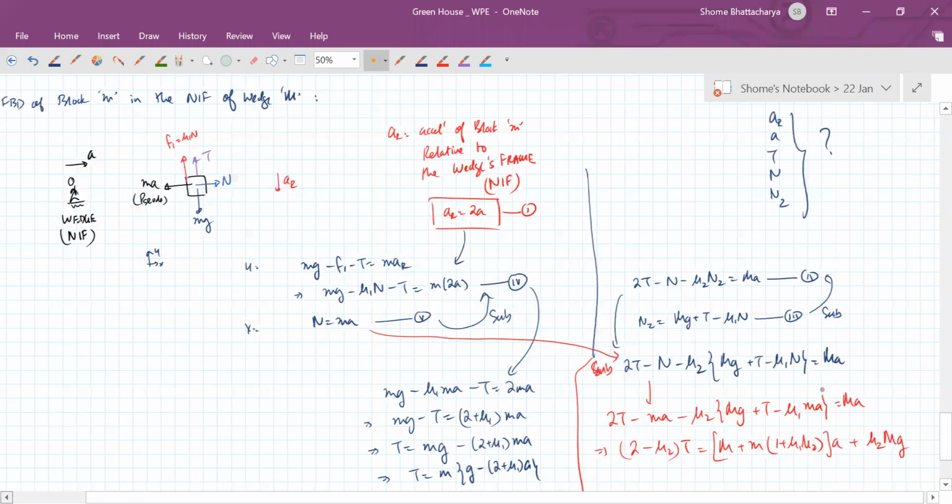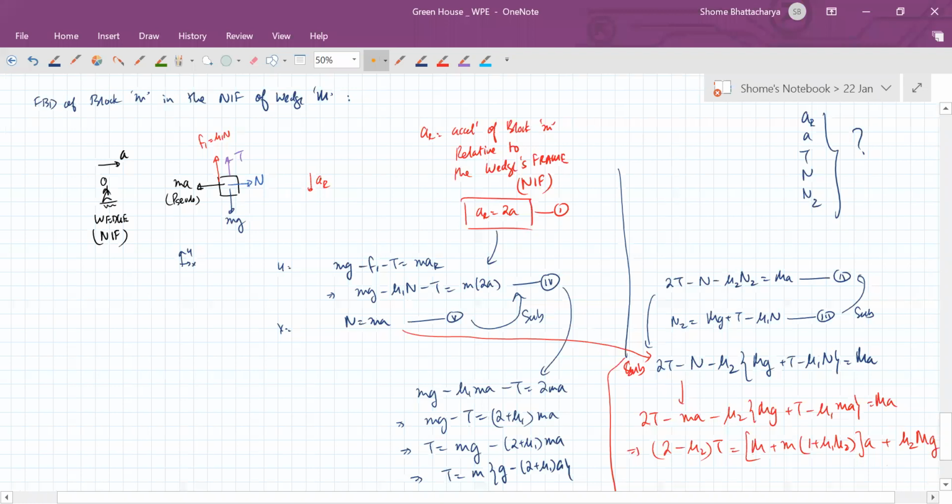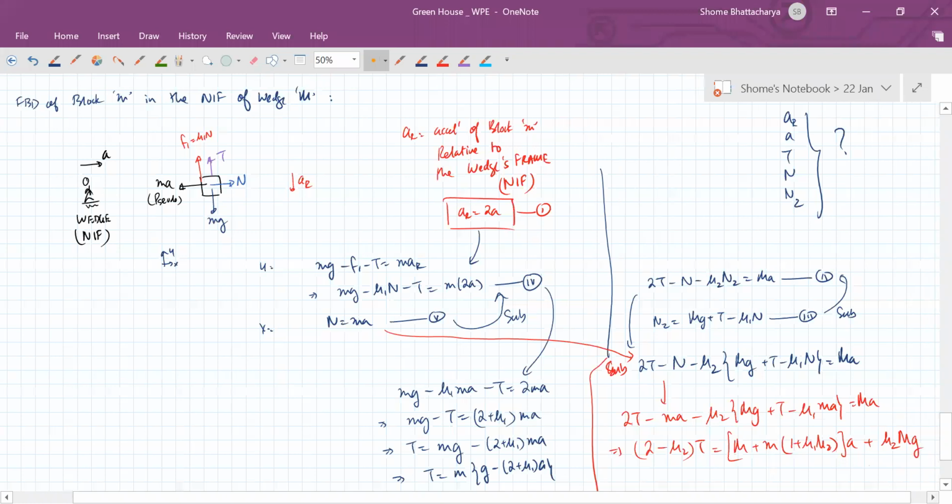I'm just leaving this for a moment to note this down up to here. Then we'll see the final substitution. Now just one variable has to be eliminated, so you have to just substitute the value of tension here.